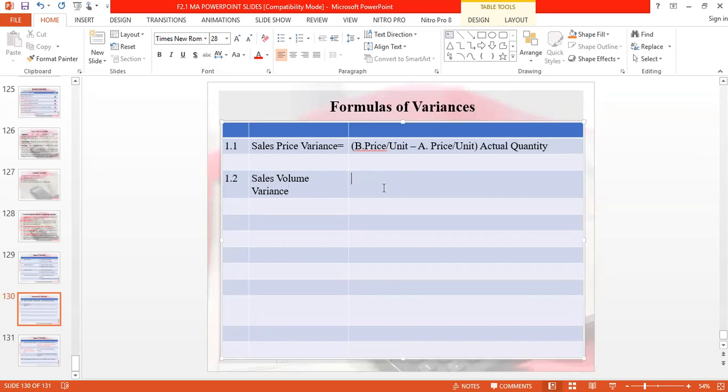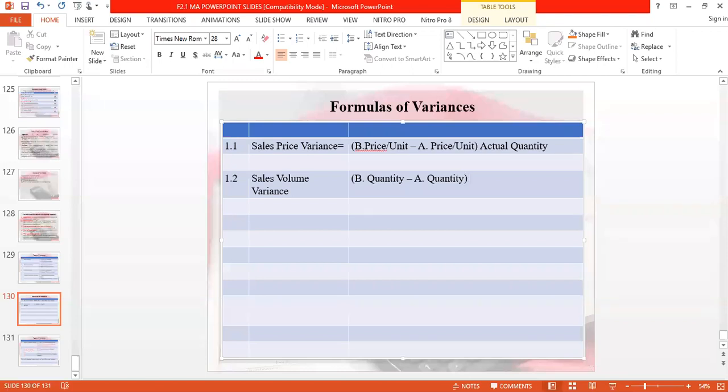This one depends. There are two formulas here. The first formula is budgeted quantity minus actual quantity. Variance is the difference between budget and actual.